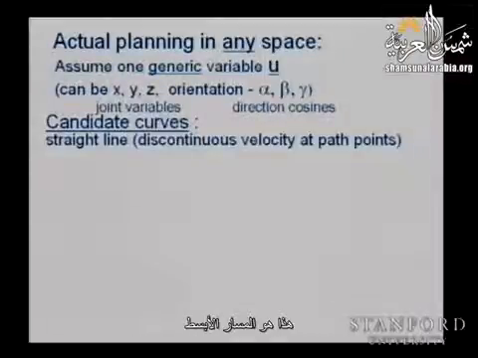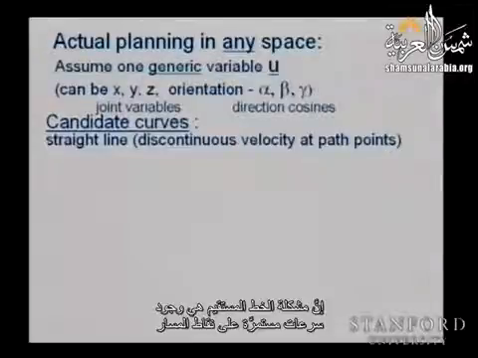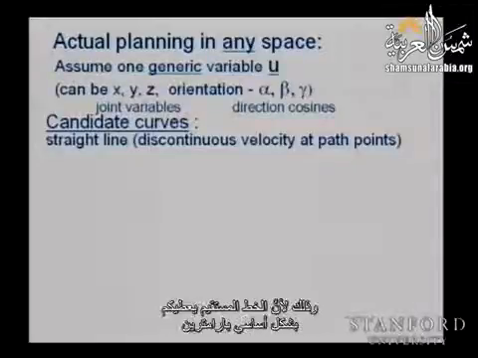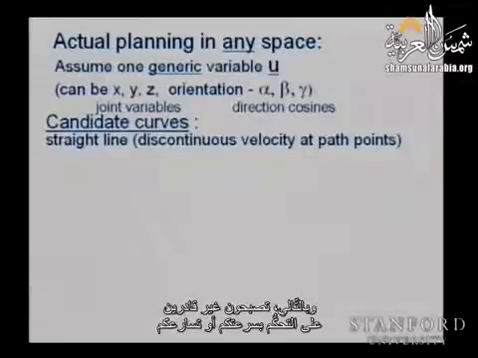That's my simplest trajectory. The problem with the straight line is that we have discontinuous velocities at the path points, because a straight line only gives you basically two parameters, and you're not in control of how fast you go or the acceleration.